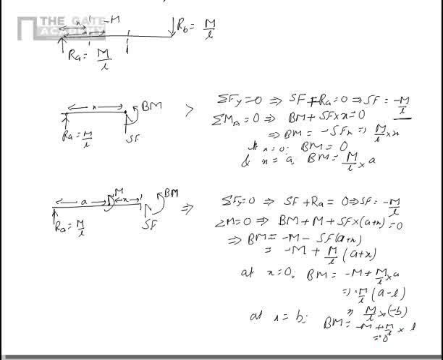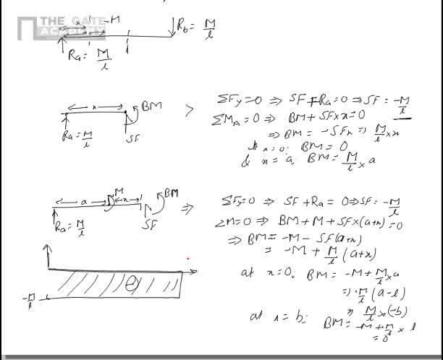So if we draw the shear force diagram and bending moment diagram using this information now, the shear force diagram will look like this. Shear force is a constant and it's a negative quantity, so it is like this. This is negative M upon L. This is the SFD. While the bending moment diagram will be actually quite different.